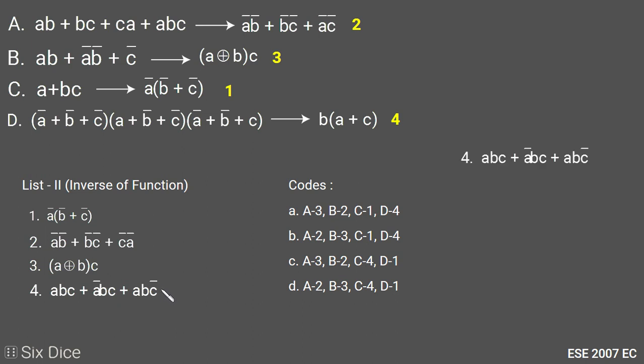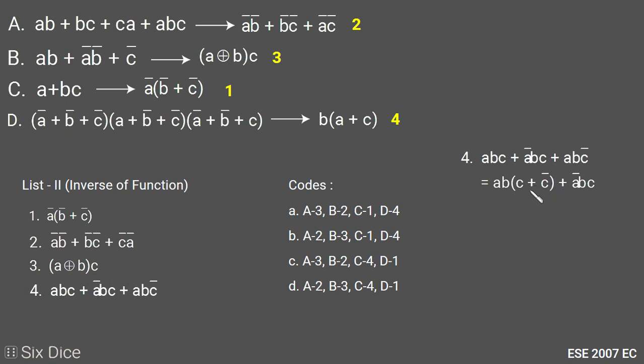Now let's minimize our fourth option because it is not given as B into A plus C here. So if we take C common from the first and second term, and we take AB common from the first and third term, we will get AB in small bracket C plus C bar.